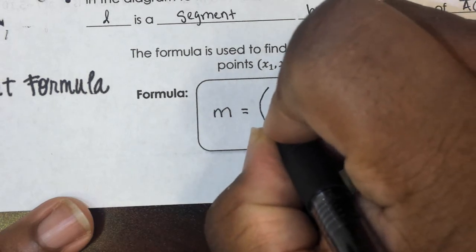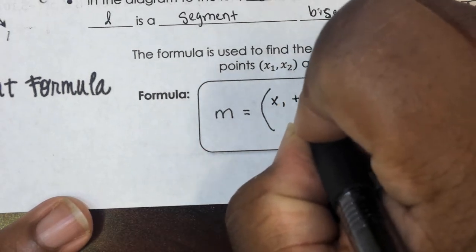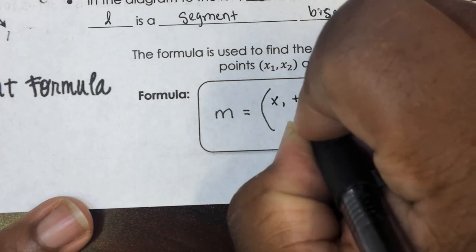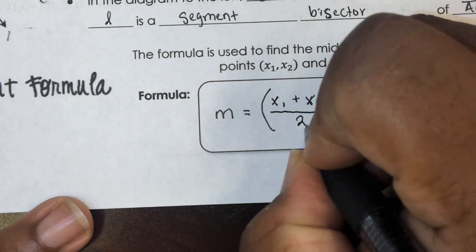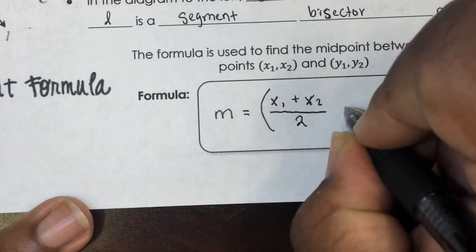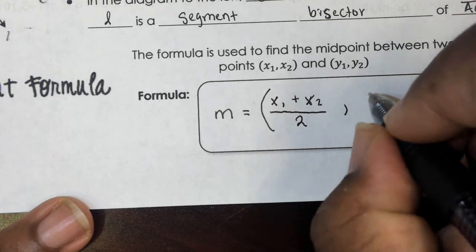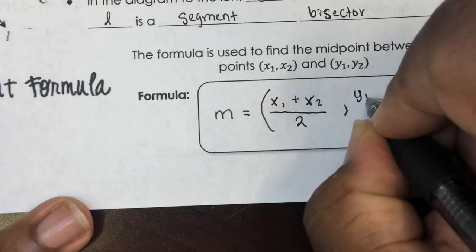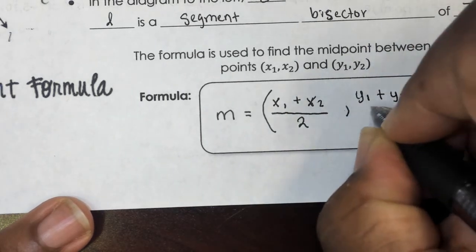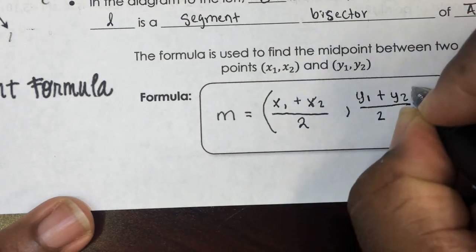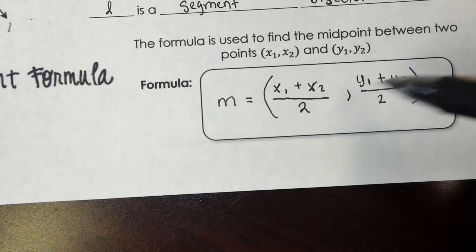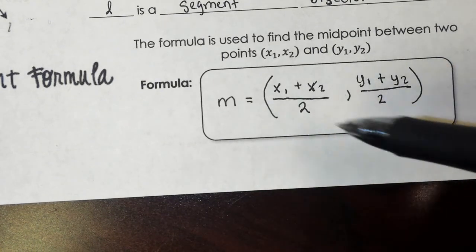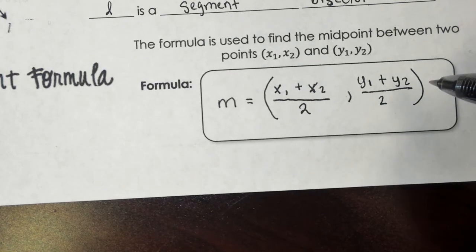On top of the parentheses, it's going to say x1 plus x2 divided by 2. And then you're going to have a comma here because your answer is going to be a coordinate. y1 plus y2 divided by 2. This is the midpoint formula. You add your x's divided by 2, add your y's divided by 2. You're basically taking an average of your x and y values.